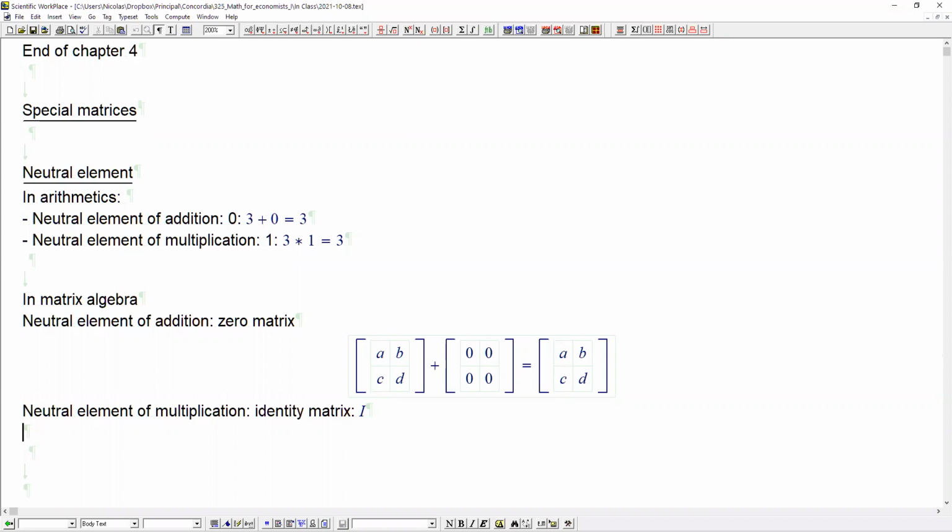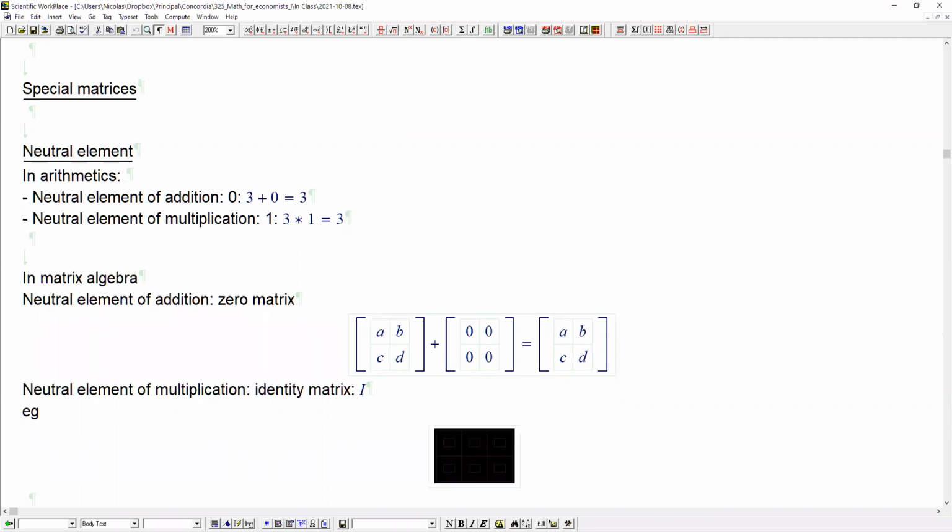So if I have any matrix, like for instance, this one, so A, B, C, D, E, F times the identity matrix.